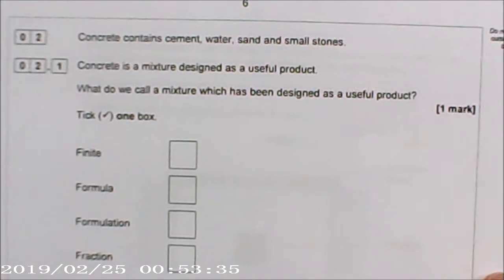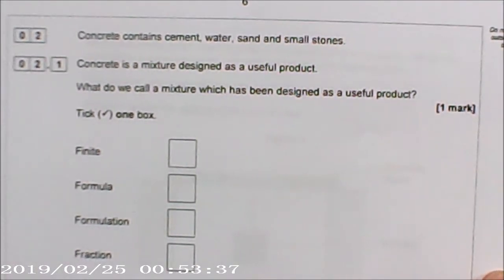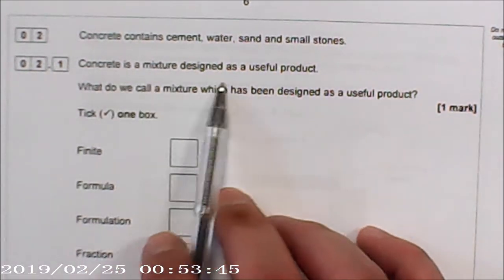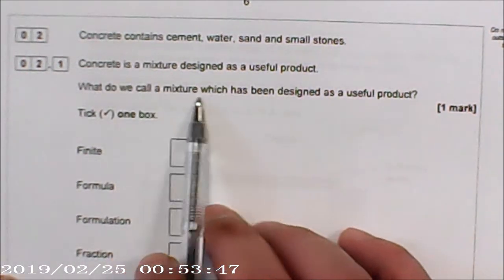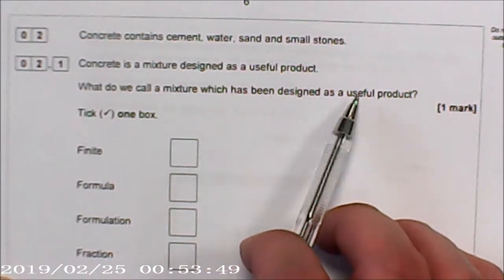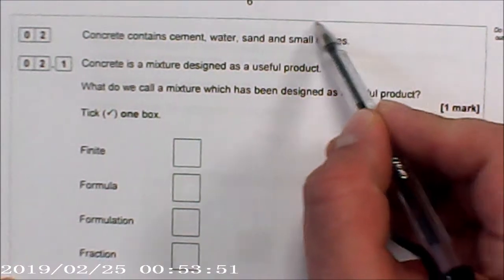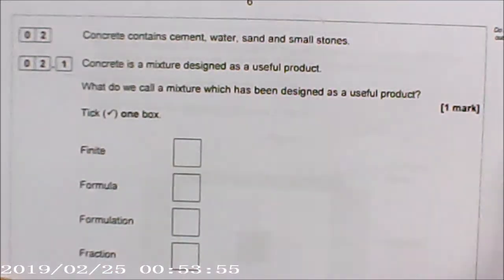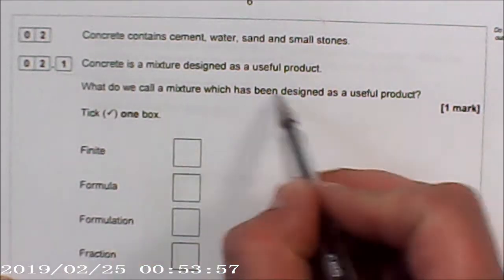Okay, so moving on to question 2 now. Number 2, concrete contains cement, water, sand and small stones. 2.1. Concrete is a mixture designed as a useful product. What do we call a mixture that has been designed as a useful product? So again, it's giving you all this information here that you do not need to use for the question. This is the question.